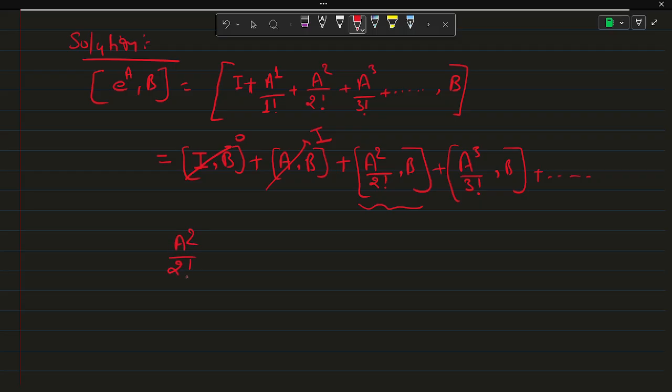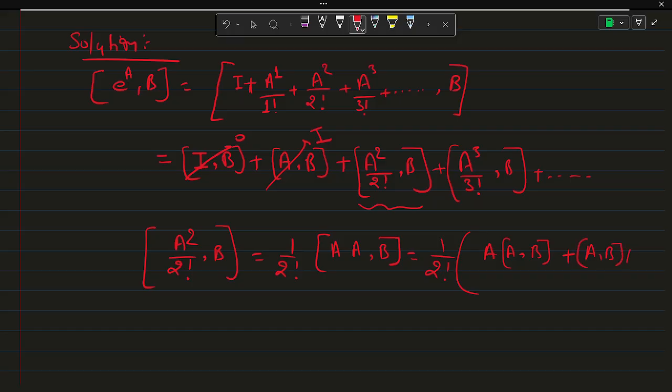A square by 2 factorial with B. In simple form it can be written as 1 by 2 factorial, the commutator of A square and B. Again we can write it, just changing the type of bracket, as A[A,B] plus [A,B]A. As it is already given as identity, we can write it as 1 by 2 factorial. So the commutator of A square and B is reduced to twice A.